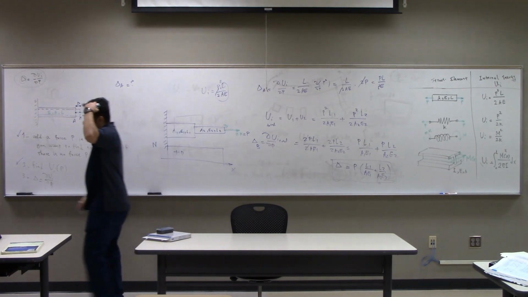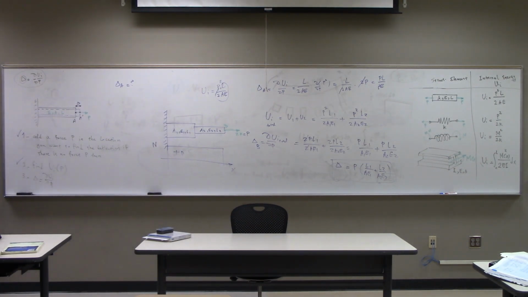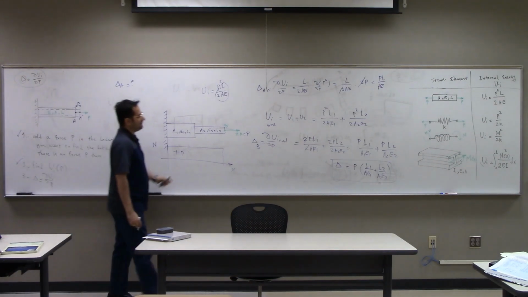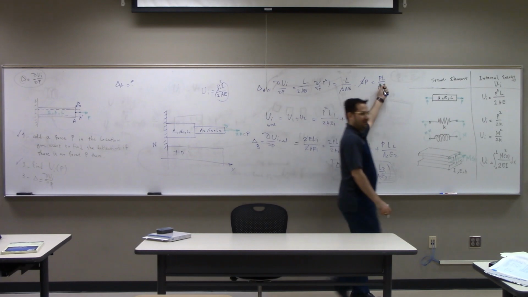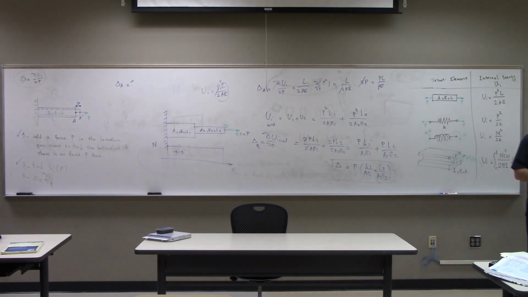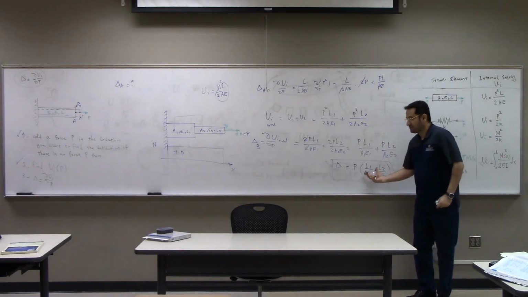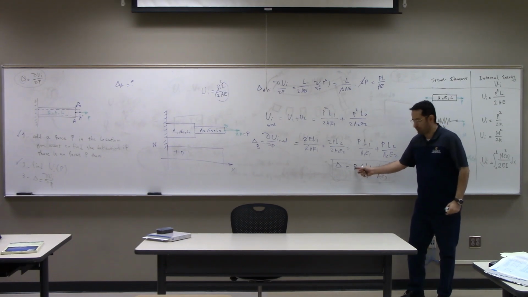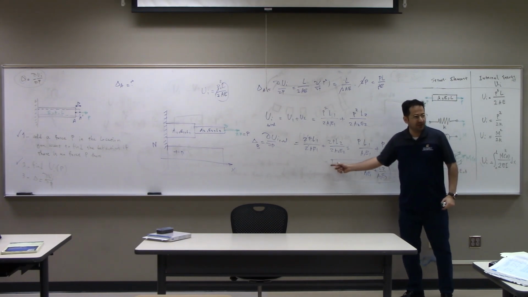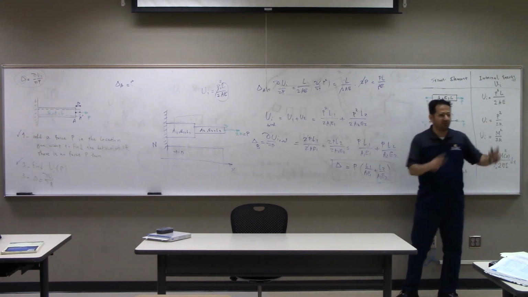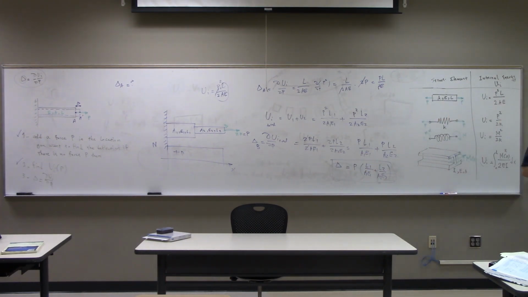Interesting. So what does it mean? Look at that formula. Compare it with the first formula. That would be your K value. Yeah, the inverse of that is your K, because if you write P is some K times delta, 1 over this goes to the other side and becomes K. What's the other interpretation?